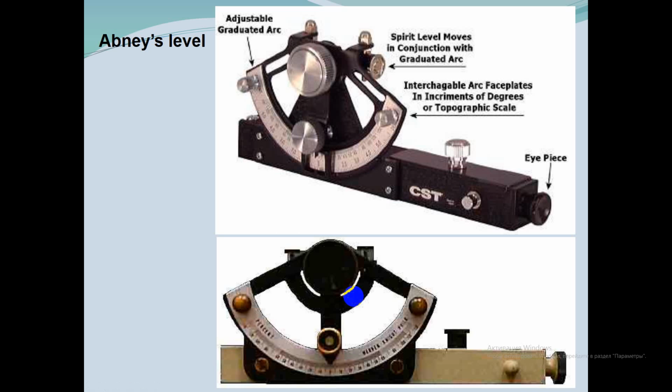Also, you can use the Abney hand level. In addition to the level bubble and crosshair found on the standard hand level, the clinometer can measure vertical angles to the closest 10 minutes. The clinometer is used mainly to record vertical angles for slope distance reduction to horizontal or to determine the height of an object.